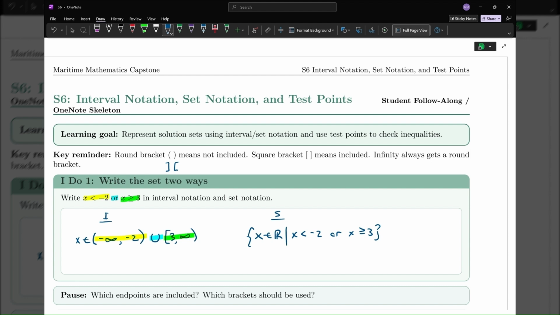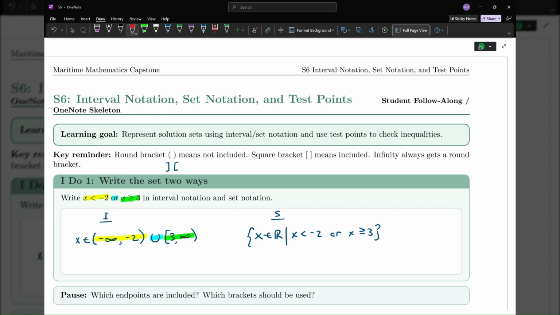Now, remember that was given to me. Very rarely would a question be posed like this; we would probably do a solve like we're going to see in I do 2 and you do 2. But that is set notation. Notice you do need all those pieces. You can't just write the inequality. You have to use interval or set notation. It's longer and a little clunky, but it ultimately does the work.